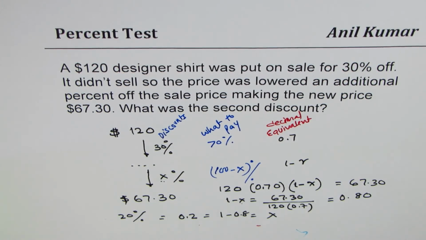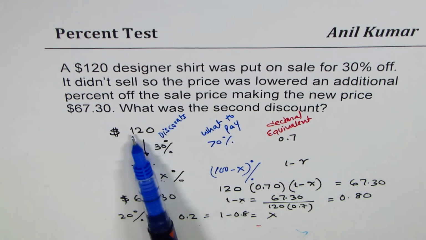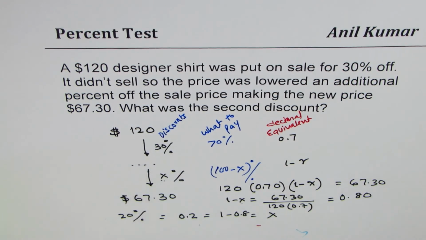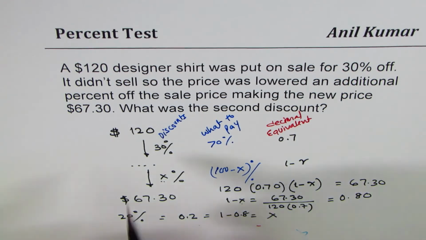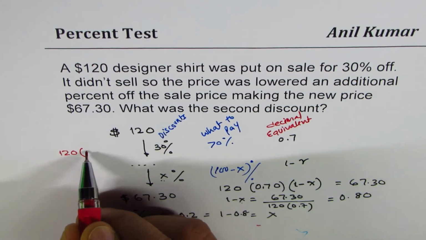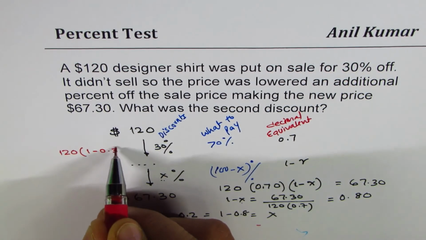So that is how we can actually calculate the additional discount which has been provided to get the value. I hope that helps. So the idea here is, once you have discount over discount, just multiply the quantity by 1 minus 0.3. So let me rewrite this in a direct way. Here it becomes 120 times 1 minus 0.3, right?